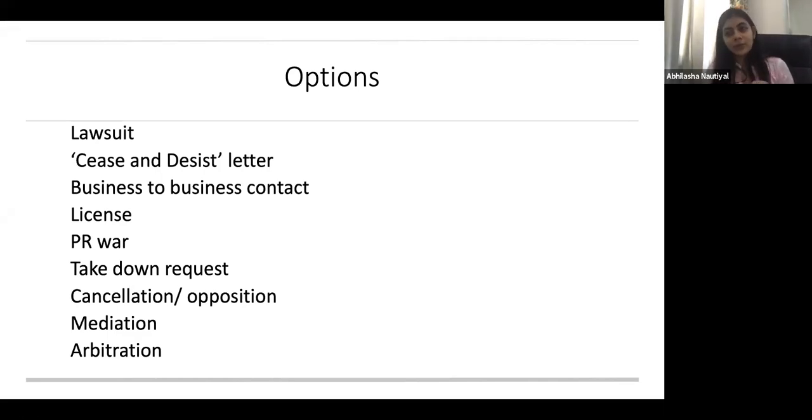This has its own nuances on what IP asset you identified of infringement of, which entity you are addressing it to, and what are the requirements in law that you need to do before you send a takedown request. So does it have to be a specific URL? What are the obligations? What can you ask be in a takedown request? So again, you need to consider these aspects carefully before you send a takedown request.